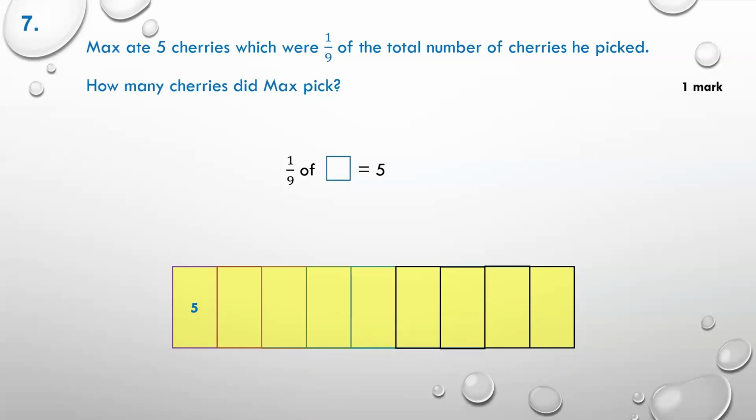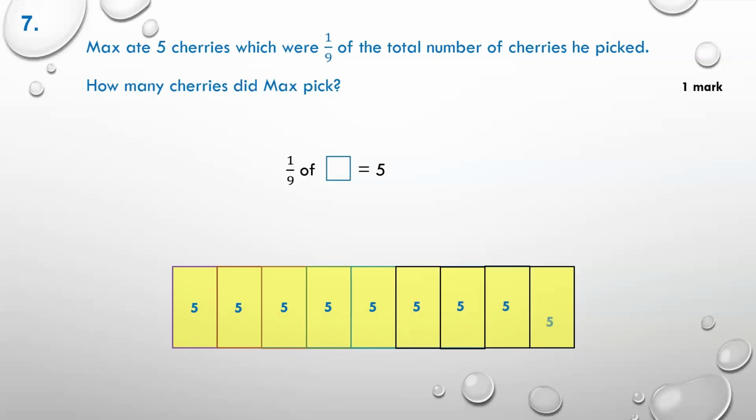Now, one of the things with fractions, when we cut up a whole into 9 parts, each of the parts is exactly the same. So the second part will be 5 as well. The third will be 5, and so forth. So how many parts do we have in all?